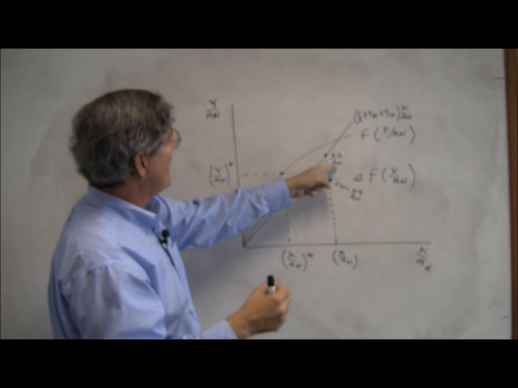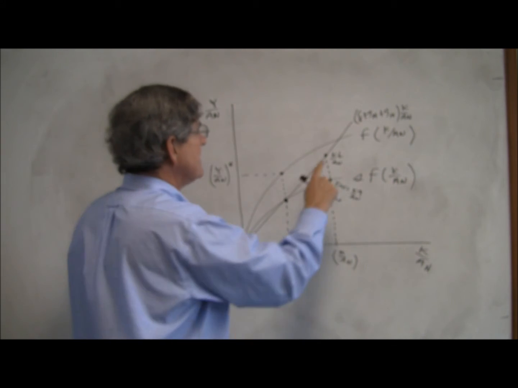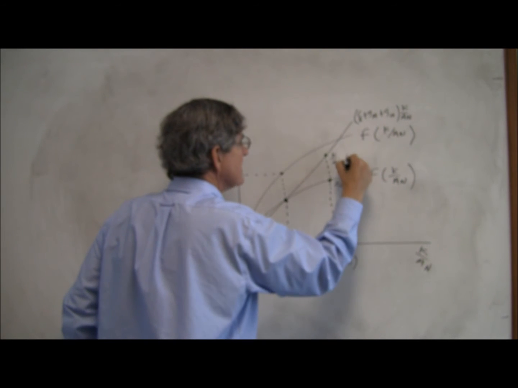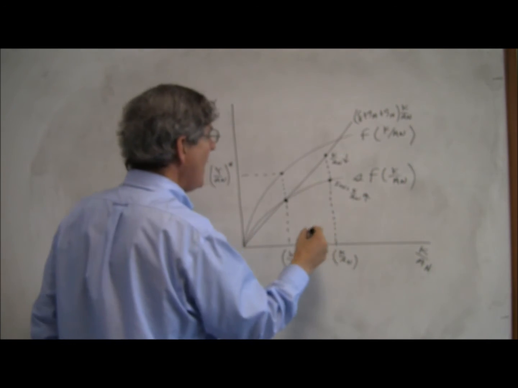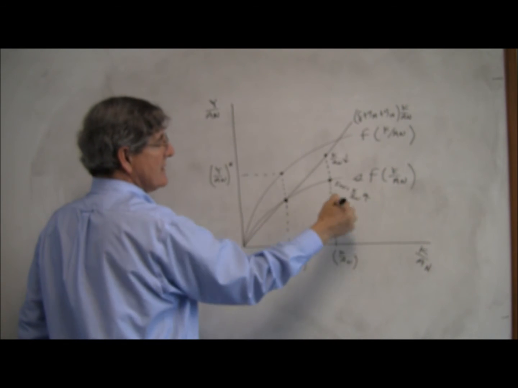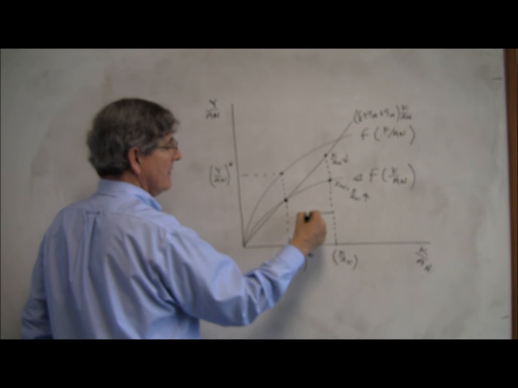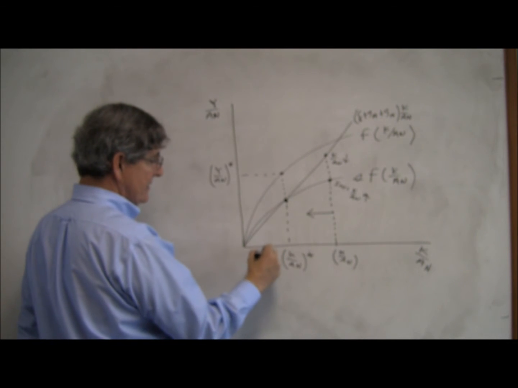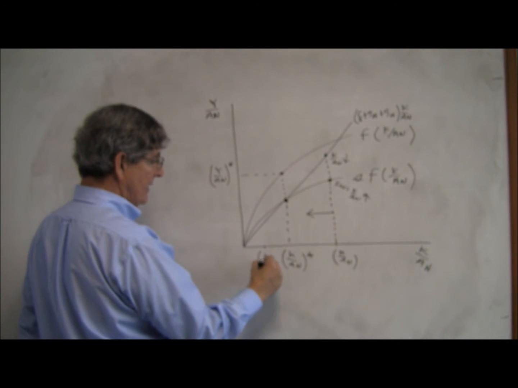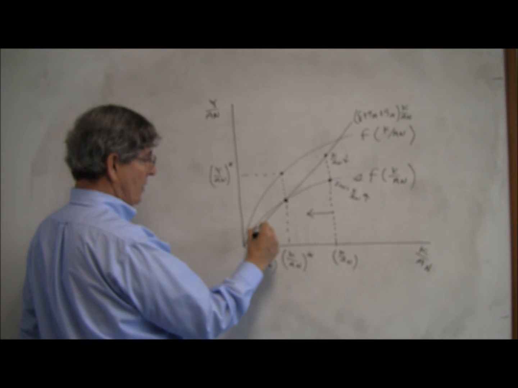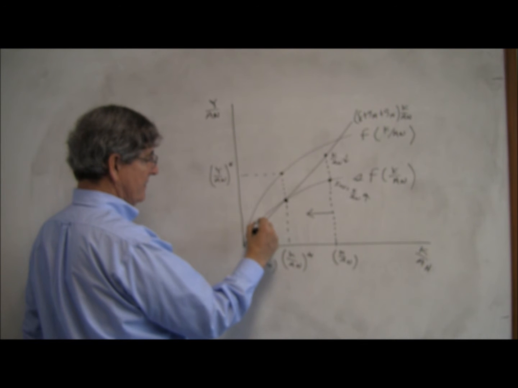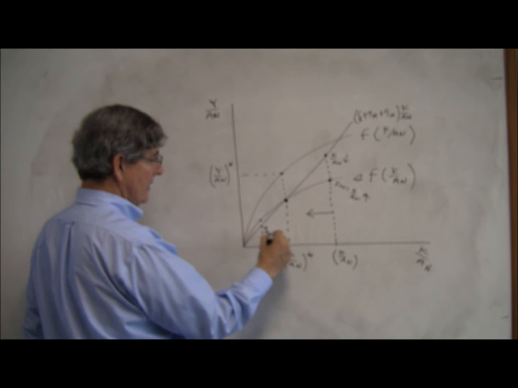Here, the fall in K over AN is bigger than the increase. Let me make that arrow over the whole thing. It's not just the K part. So K over AN, if it's falling more than it's increasing, would be falling. Down here, you could do the same thing. Pick a K over AN here and go up to these two points, this one and this one. This is the amount that K over AN is falling.